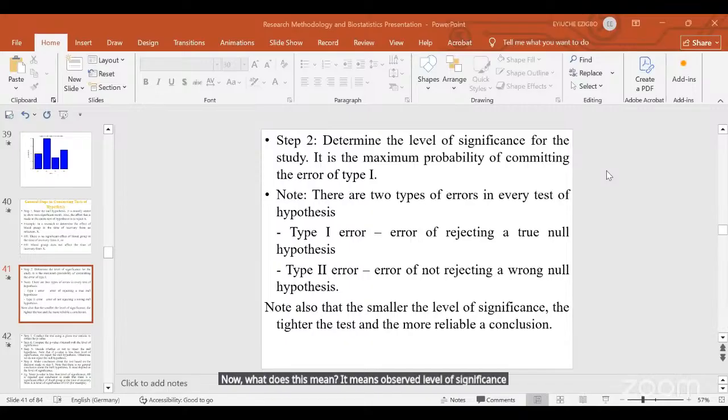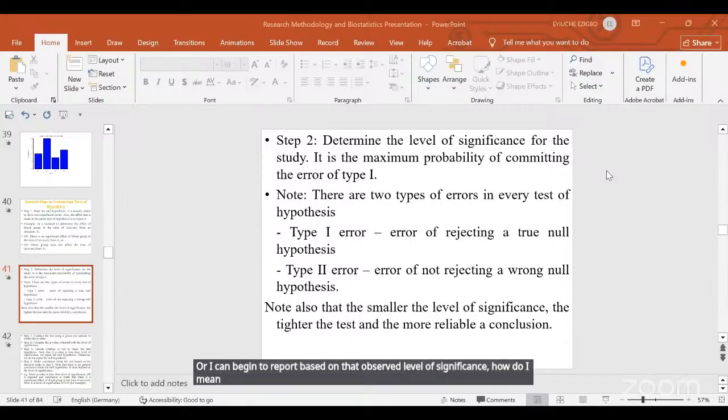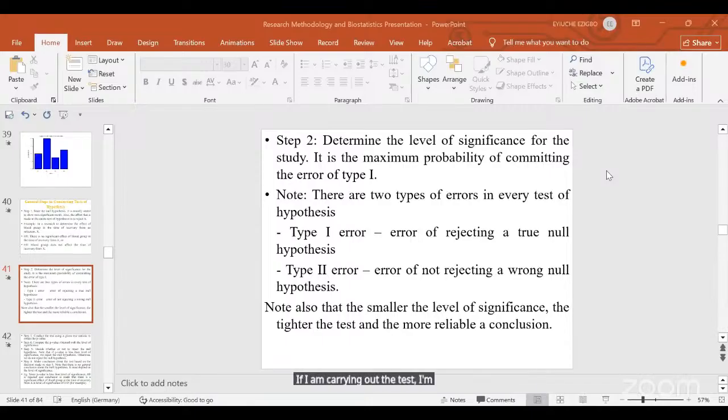And it is now, when I have obtained an observed level of significance, I can begin to compare it with a stated level of significance, or I can begin to report based on that observed level of significance. How do I mean? If I am carrying out a test and I obtain a p-value of 0.012, do you understand?